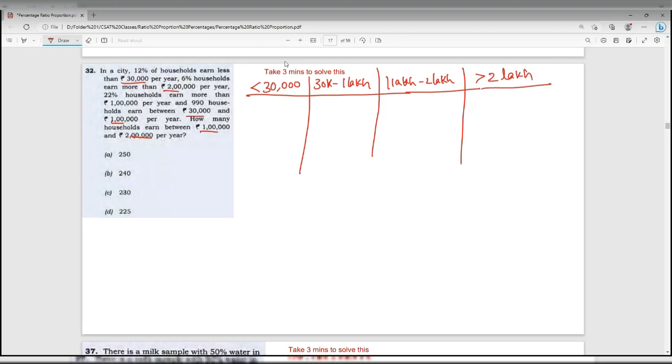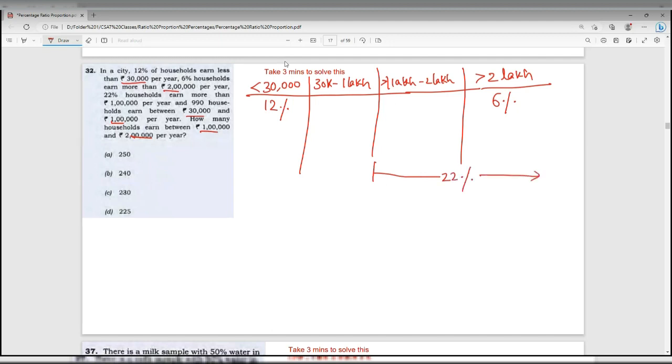Then we'll put the values here. 12% of the households earn less than 30,000 per year. This is 12%. And 6% of households earn more than 2 lakh per year. This is 6%. 22% of households earn more than 1 lakh per year, so greater than 1 lakh is a combined 22%.